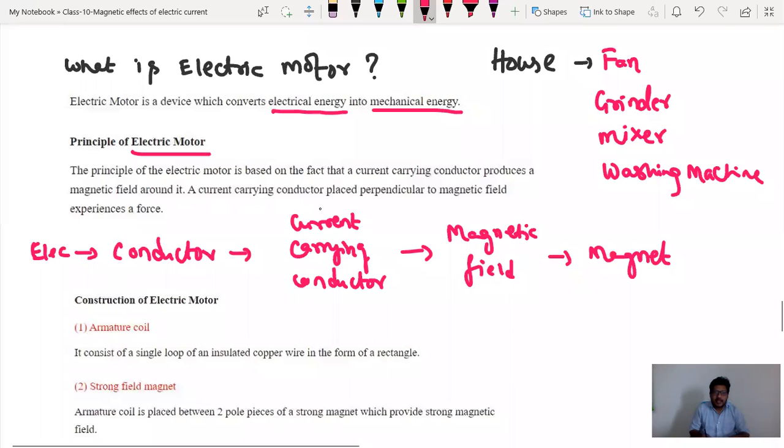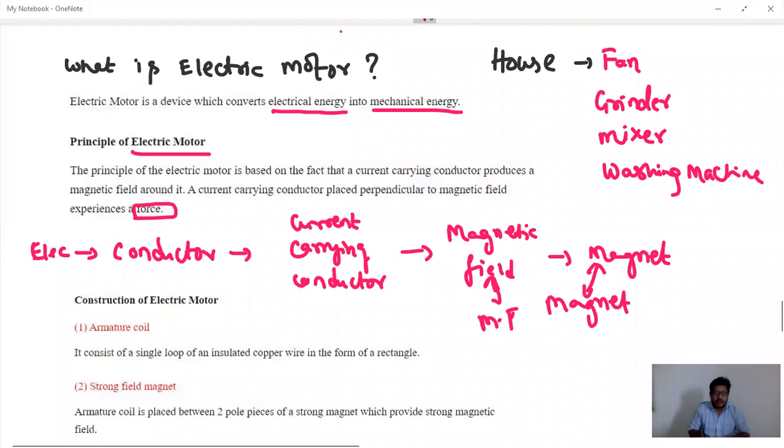A current carrying conductor placed perpendicular to the magnetic field experiences a force. So if the current carrying conductor is placed in a magnetic field, you see this current carrying conductor itself producing a magnetic field. If you place this near a magnet, when two magnets are present, two magnetic fields will be present. So if two magnetic fields are present, it will experience a force of attraction or force of repulsion, whatever it may be.